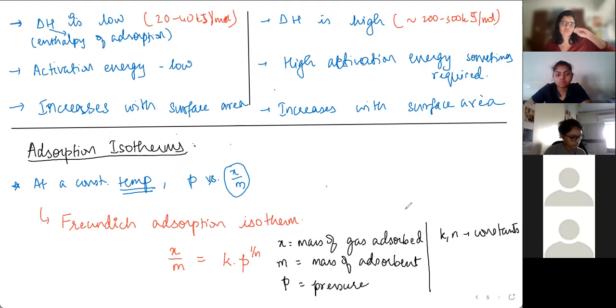So depending on what gas you're diffusing there and what surface you're using, that will decide the value of k and the value of n. Another important thing is, because we have 1 by n, n is always greater than 1, and it always takes integral values. n is never negative.